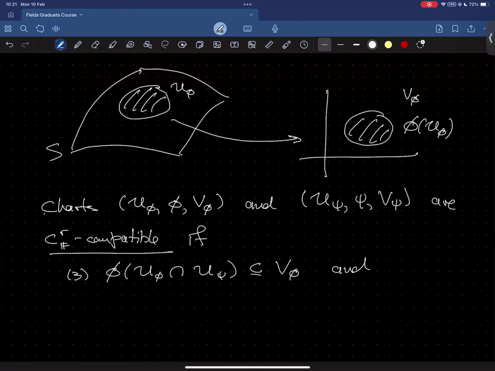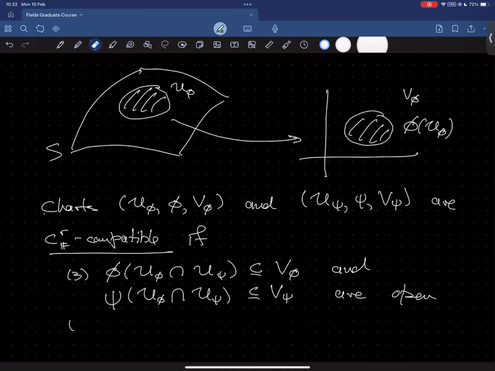The first condition is that when you take the intersection and map it by the chart maps φ and ψ, those are open subsets of the vector spaces. All right, that's the first condition.